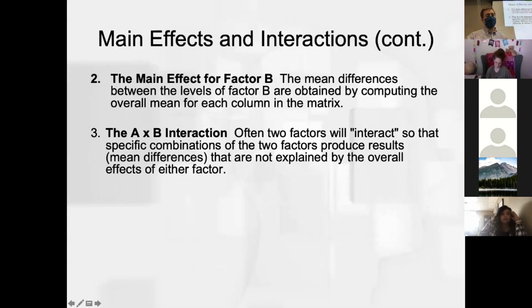The second one would be the main effect for factor B. So the mean differences between the levels of factor B would be looking at the different temperatures such that temperature affects performance when collapsing across levels of humidity.